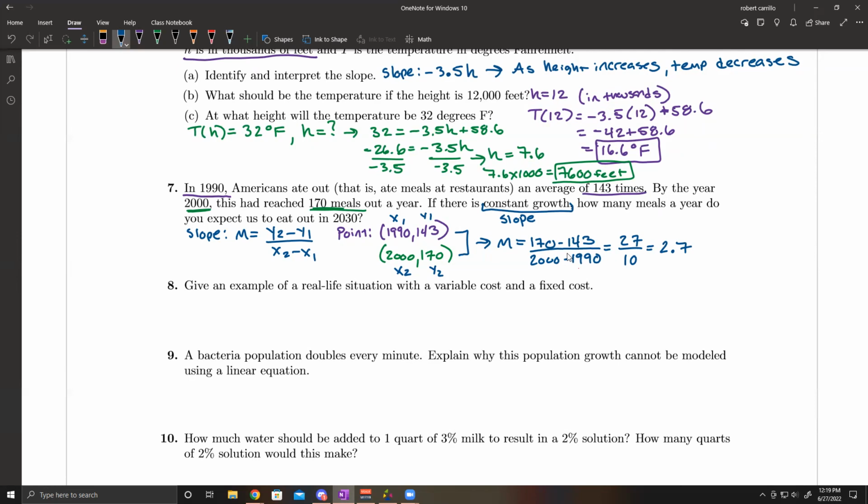I think so. Let me see. An average of 143. By that time, they reached 170. So 2.7 every year. Yeah, so how much are we expected to eat out in 2030?